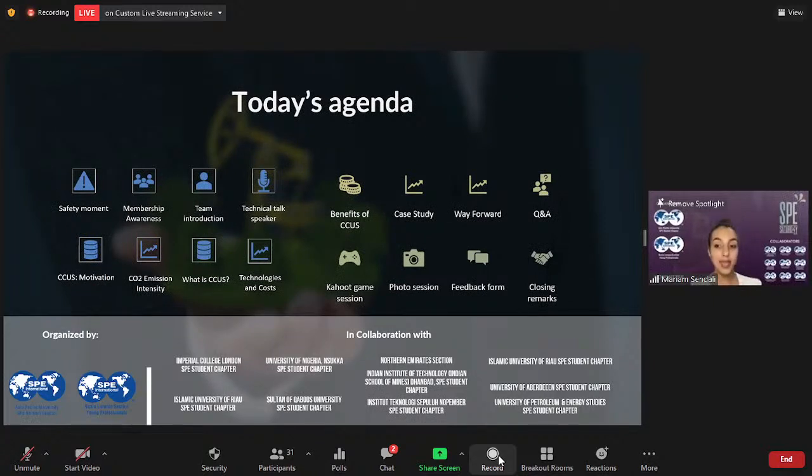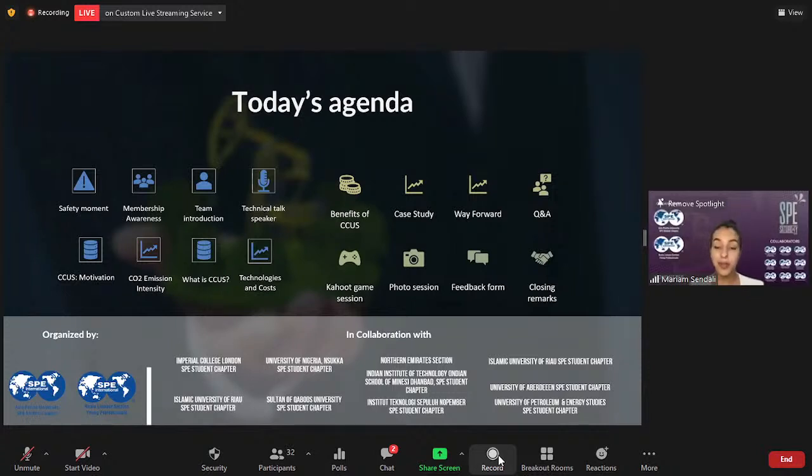We will start today's session with a safety moment presented by my teammate Alex, then a membership awareness presented by my teammate Leonard. After that, we are moving to a team introduction of the team that has been working to deliver this event today.